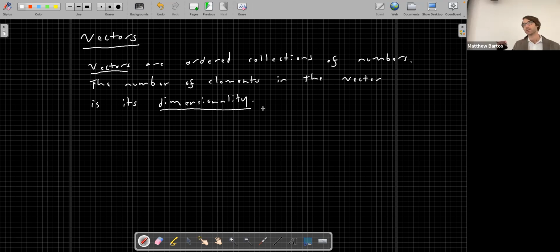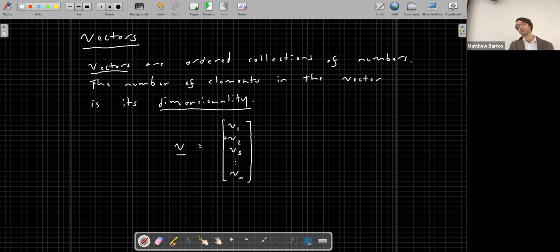By convention, we're going to assume for this class that all vectors are column vectors. So if we have a vector v, it will be a column vector consisting of elements v1, v2, v3, all the way through vn.